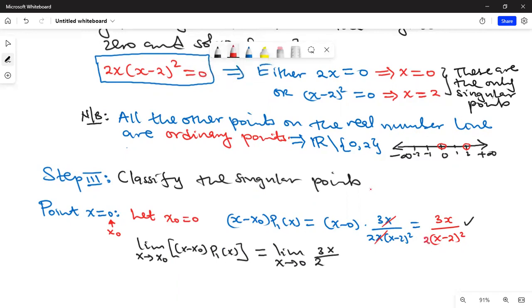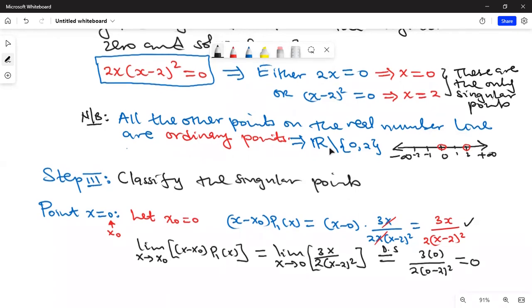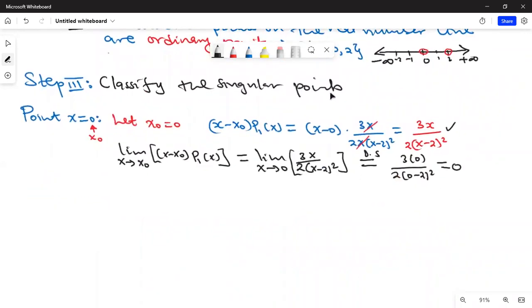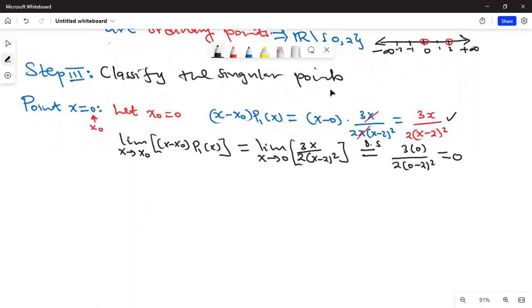You know how to find the limits? On direct substitution, we are going to get 3 times 0 over 2 into 0 minus 2 squared. And the result is 0. So the limit exists.